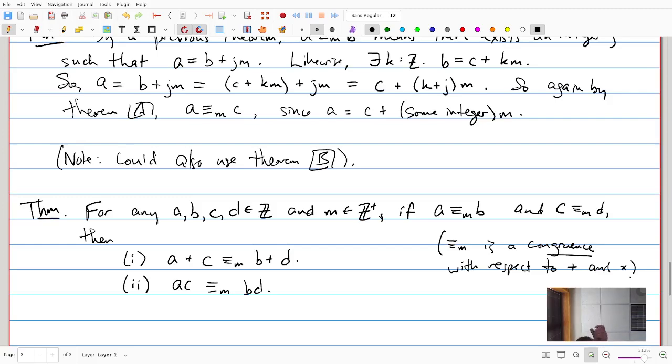And actually, equals behaves this way too, because I can add equal things to both sides of an equation and I still have something equal. Or I can multiply both sides of an equation by something, and it's still equal. The difference is that with normal equals, I can divide both sides of an equation by something. But we actually can't do that with equivalence modulo M. Division doesn't work, and we'll talk about why later.